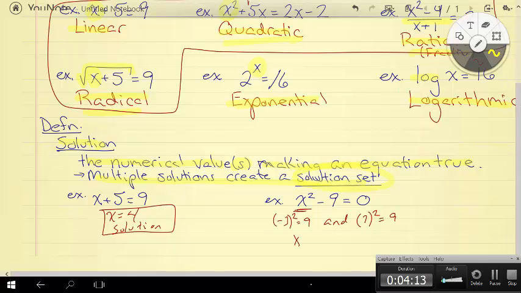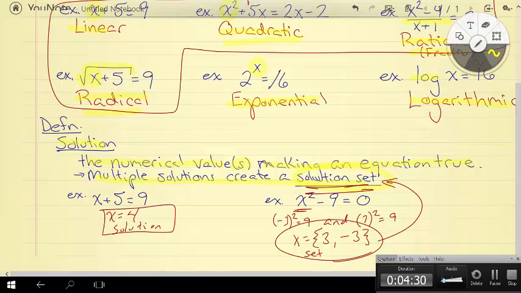So in this case, x could be 3, or it could be negative 3. When we write our answers like that, we use what's called a set bracket. This is the definition of a solution set. When we have multiple solutions, we write them out as a set: x could equal 3 or negative 3.